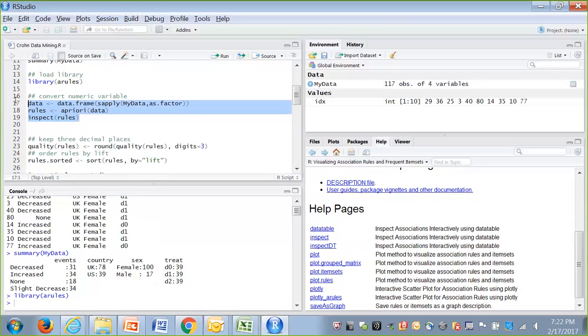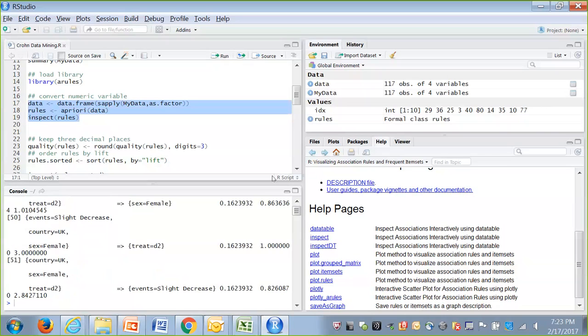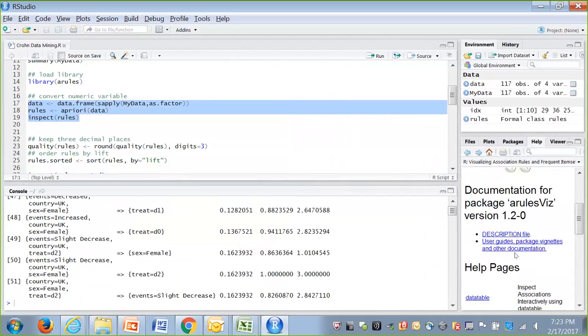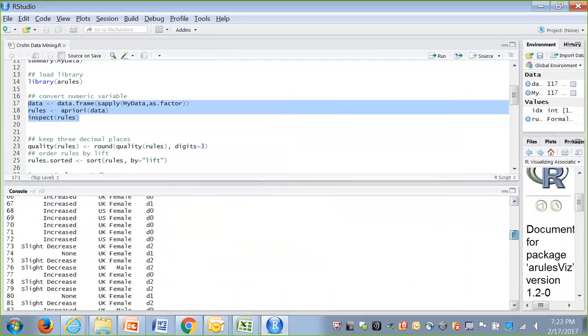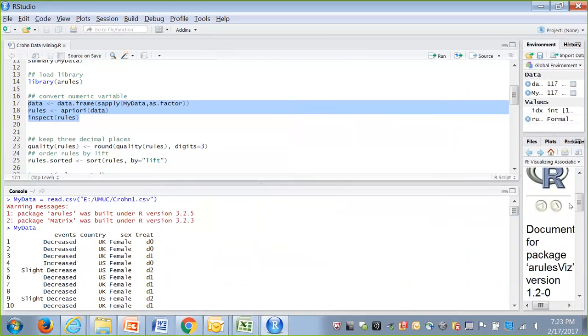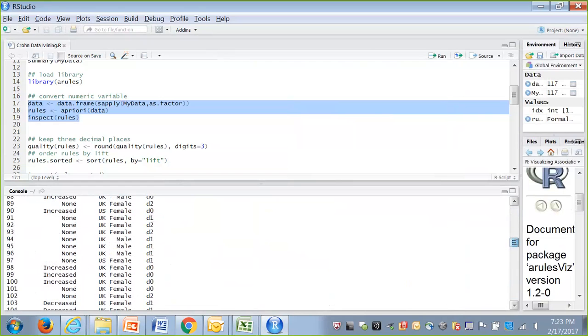If I run this, it will apply my factor conversion, converting anything numeric into a particular category, then run Apriori, and we'll look at the rules once that's completed. So let's run this. What we'll see is quite interesting. Here are all our rules that have been generated.